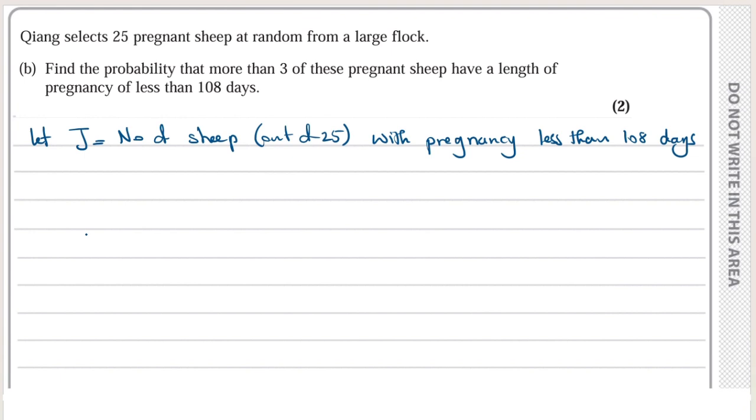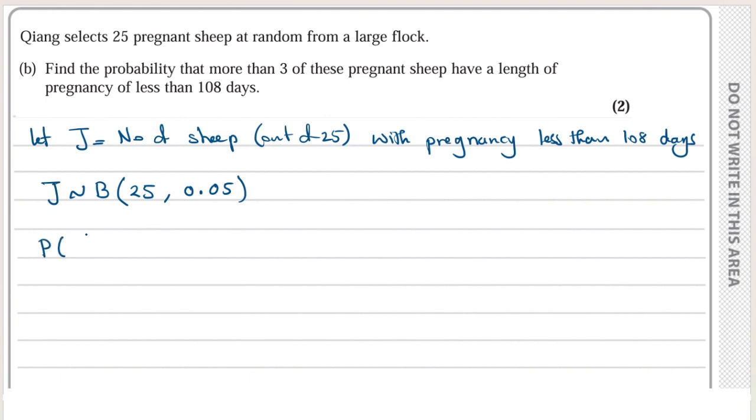Since we have selected 25 pregnant sheep, we have n number of trials, which is 25, and the sheep have been selected at random, so they are independent of each other. Therefore, we have a binomial distribution. So J is binomially distributed with n equals 25, and probability as given in the question, which is 5%, which is 0.05.